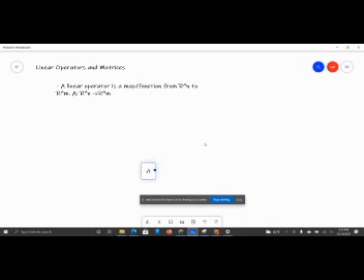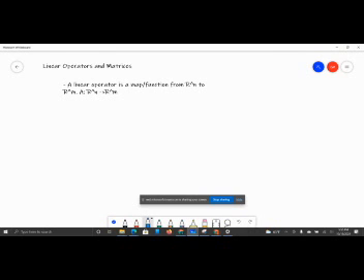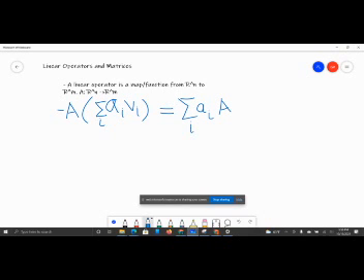If you have the operator A applied to the summation over i of some constant a_i times v_i, so this is basically a linear combination, this is equal to the summation over i of a_i, the coefficient, times the operator A applied to the vector v_i. This is called linearity.